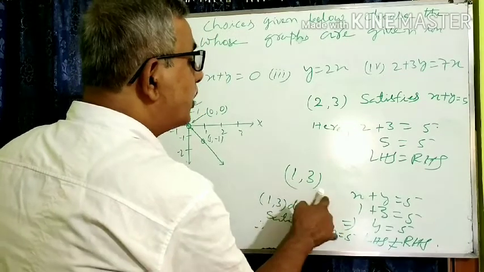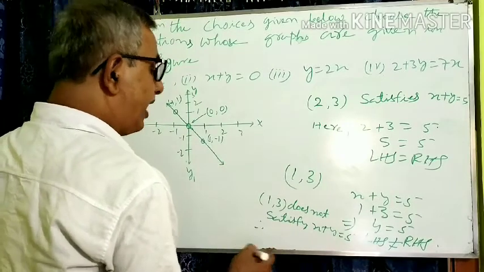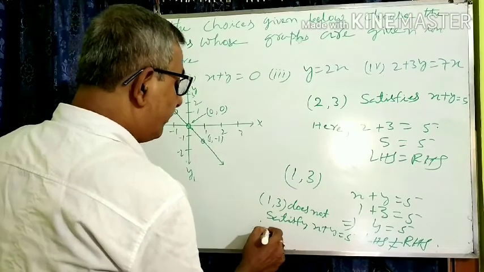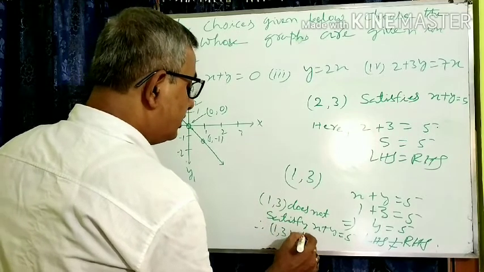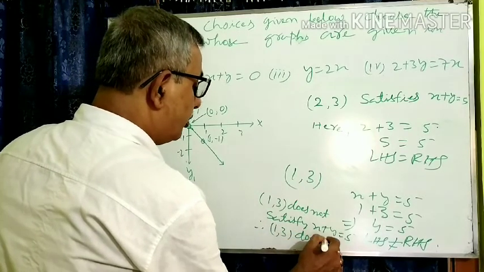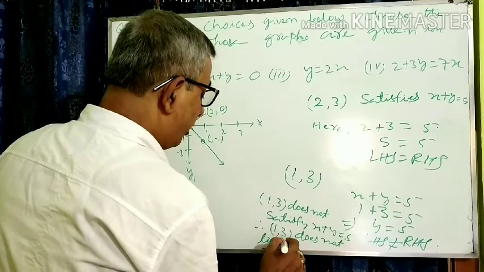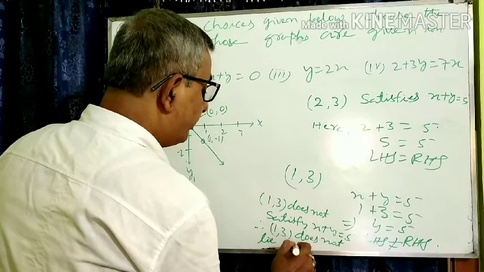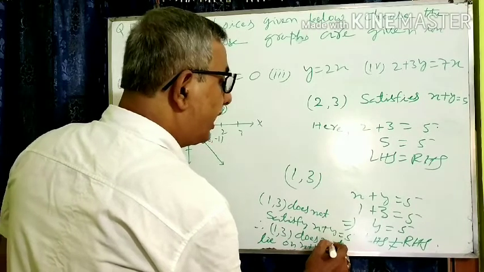This does not lie on the line x plus y is equal to 5. Therefore, 1, 3 does not lie on x plus y is equal to 5.